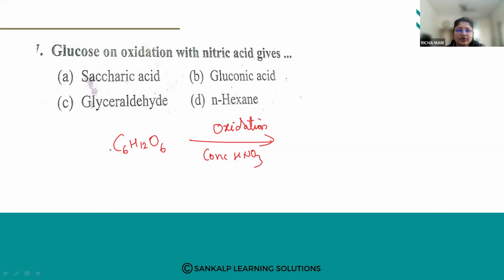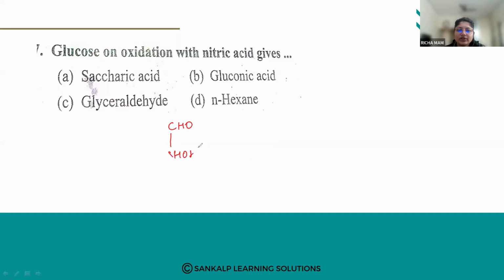I'll write this only: CHOH four times, and CH2OH. When it undergoes oxidation in the presence of concentrated HNO3, both the aldehyde and the primary alcohol will be converted into COOH, that is acid.